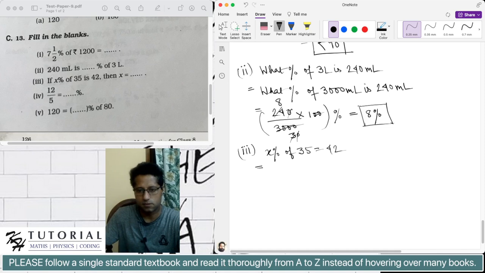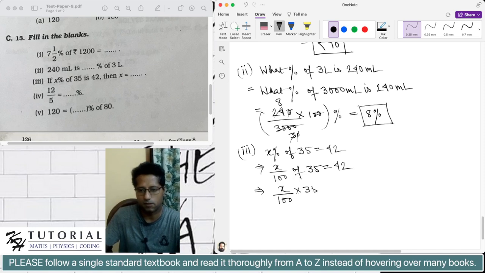So this implies x percent means x by 100, and we have of 35 is equal to 42. This implies of operator means multiplication. So we have x by 100 multiplied by 35 is equal to 42. This implies we can solve for x.